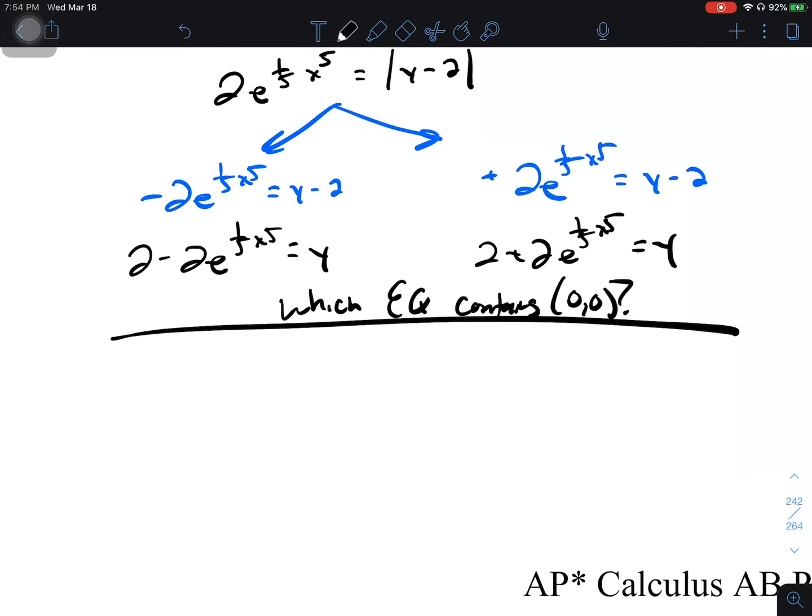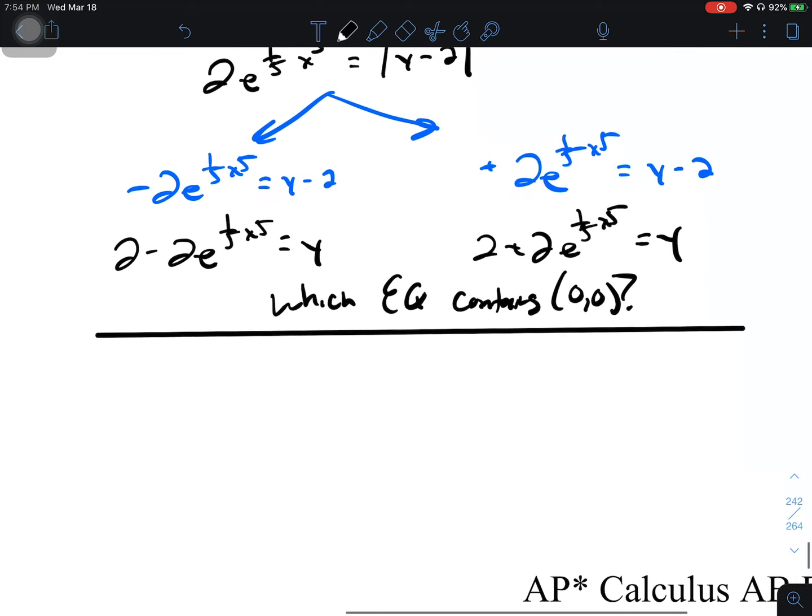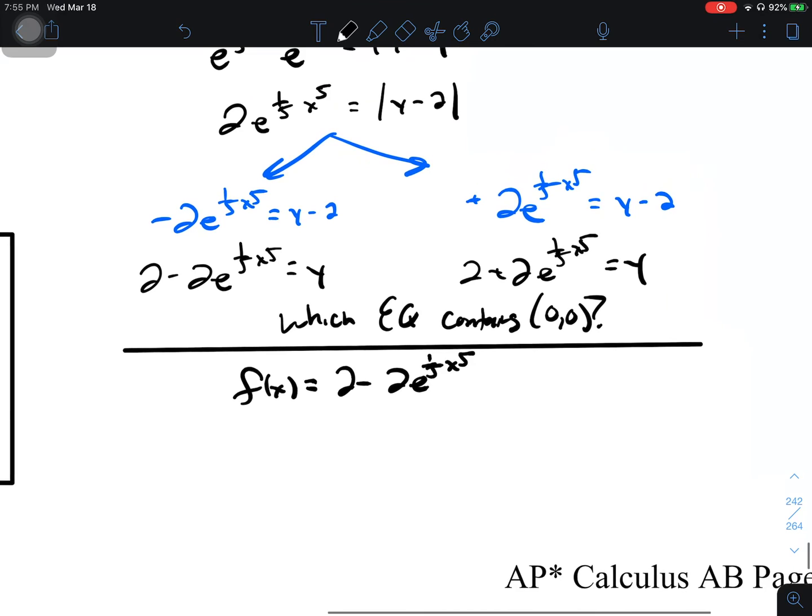Honestly, I don't know an easy way to answer this other than just figuring it out. Maybe you can tell right away that this one's going to be the answer. Let's talk through why that's the answer. If I put 0 in for y, that means this side has to be 0.